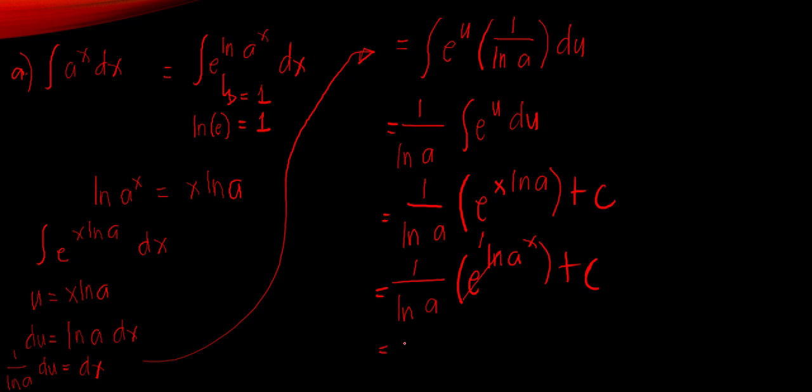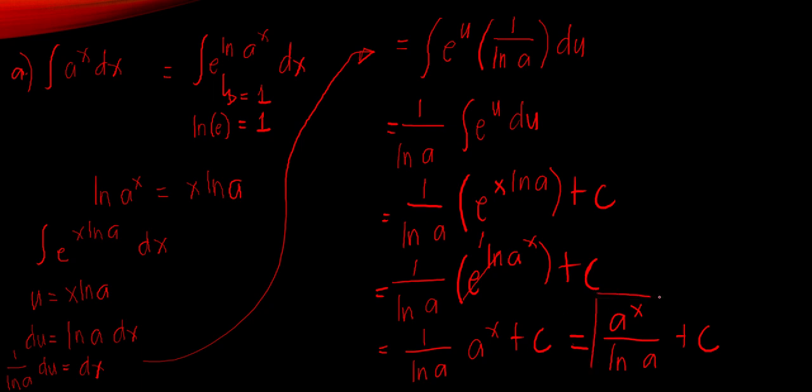So, our final answer would be 1 over ln a times a raised to x plus c. Or this can be written as a raised to x over ln of a plus c. So this is our final answer for example letter A in exponential and logarithm.